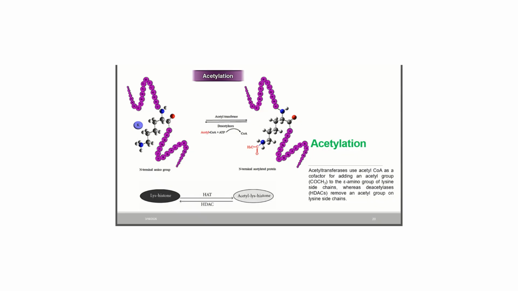We identify the different types of amino acids according to their carbon atom, into alpha, beta, epsilon, gamma, and so on. Whereas deacetylases remove an acetyl group on the lysine side chain. That's why we call it reversible, due to the presence of mechanisms of addition and removal of the acetyl group.